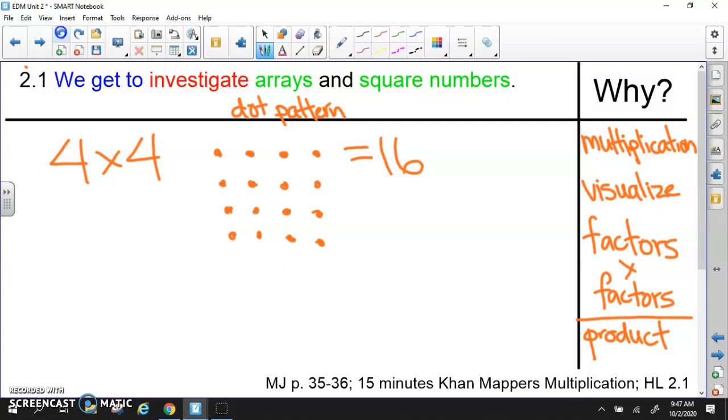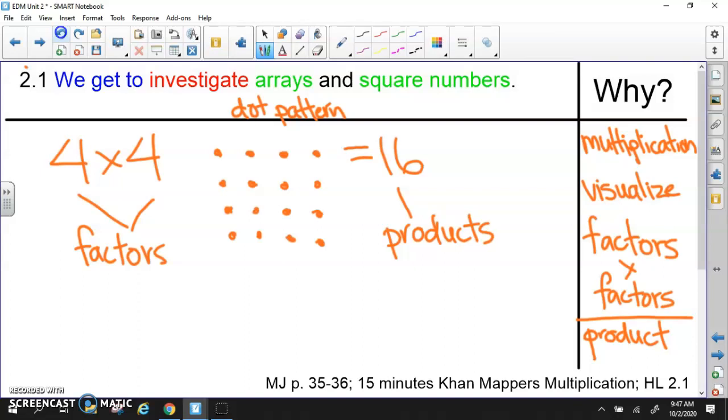Yes, sir. Yeah, so because the factors, everybody remember this number, right? The factors, these are factors. They're the numbers you multiply to get to the product, right? If the factors are the same, all the sides are going to be the same in this case, okay?